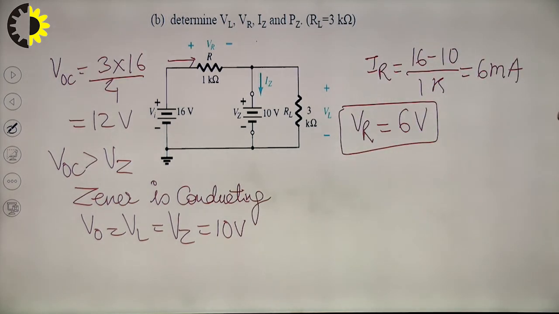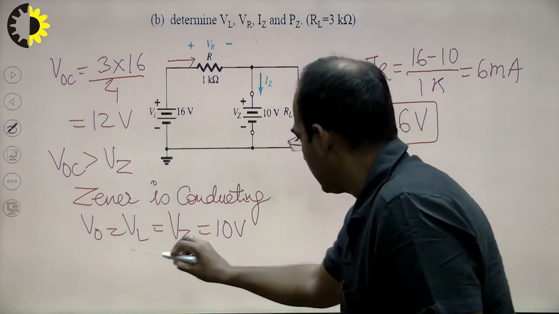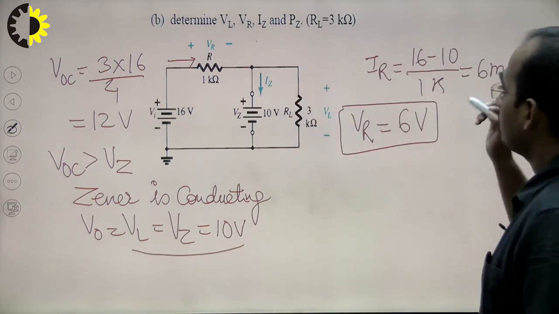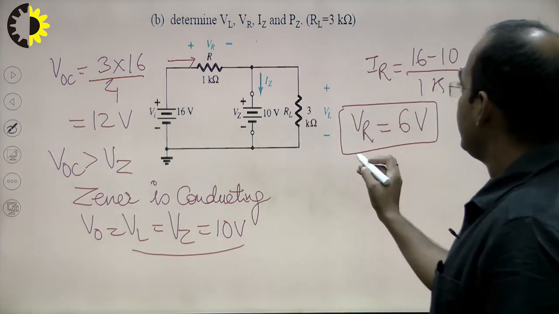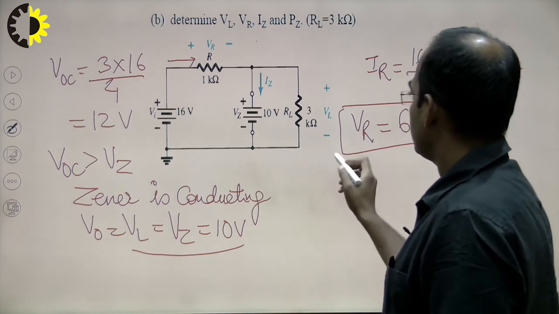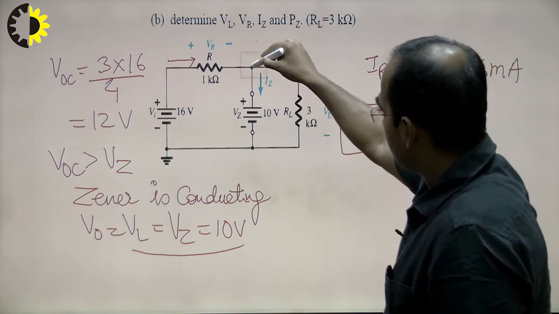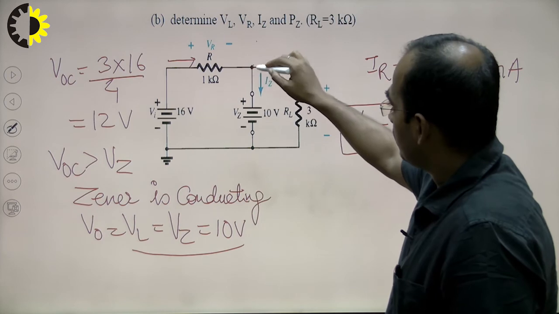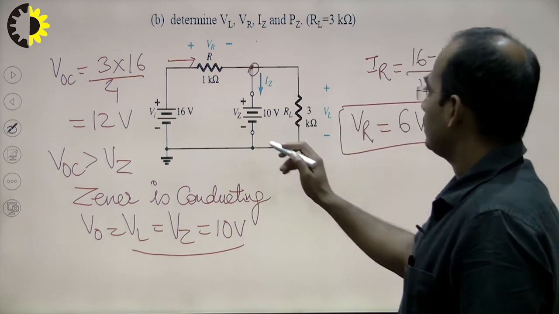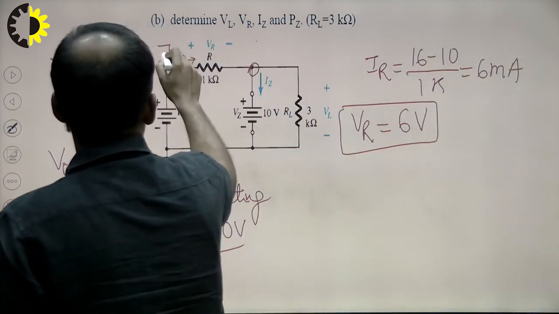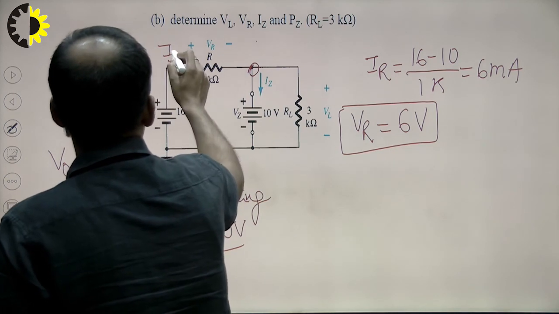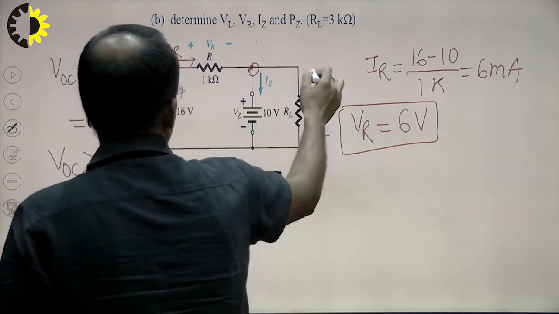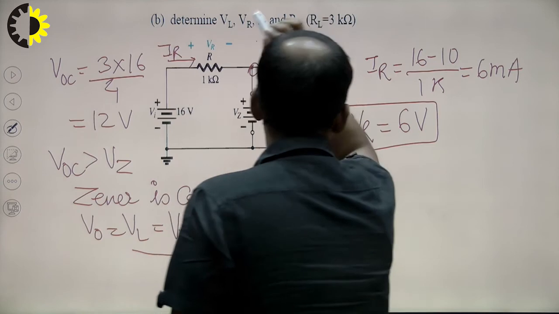We have found the value of VL and VR. What will be the value of IZ? IZ, if I apply the KCL at this point, I will get, if I consider this, the current flowing through this branch is IR, this branch is IZ and this branch is IL.